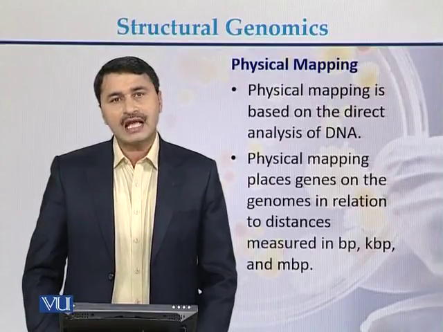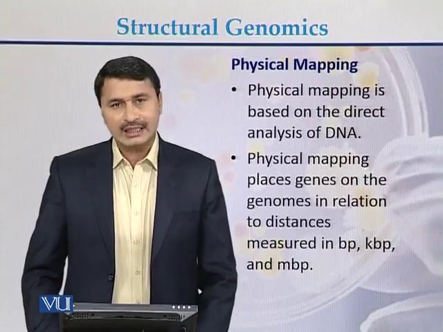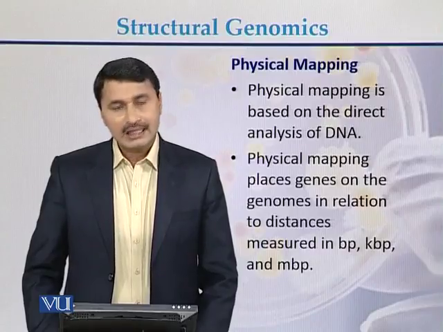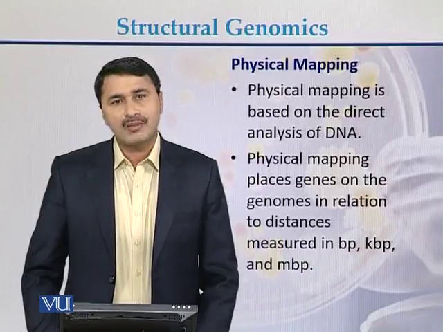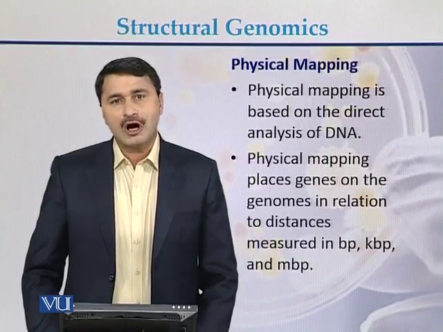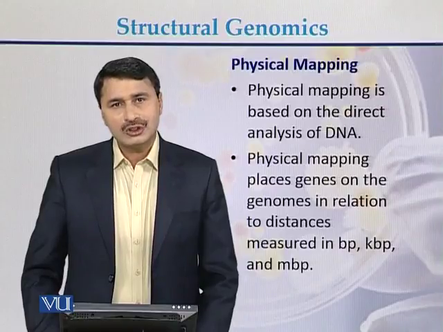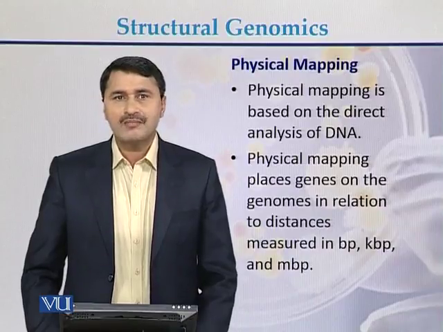So physical mapping actually places the genes on the sequence of the DNA, and usually physical mapping is measured either in base pair or in kilobase pair, and sometimes in the form of a million base pair or megabase pair. So physical mapping is to determine the actual nucleotide sequence of the genomes, either in base pair, kilobase pair, or megabase pair.